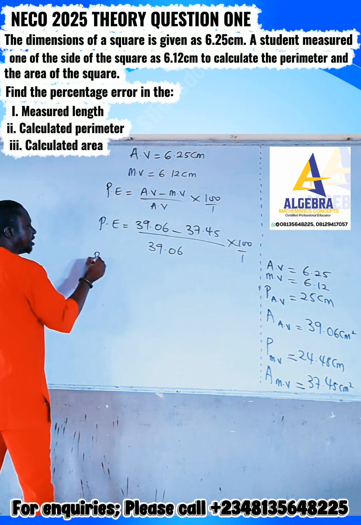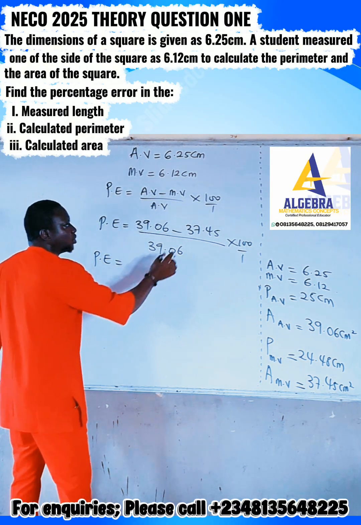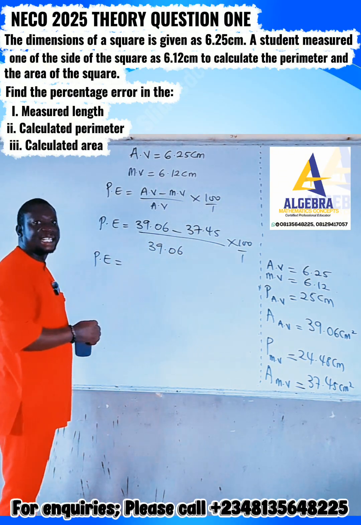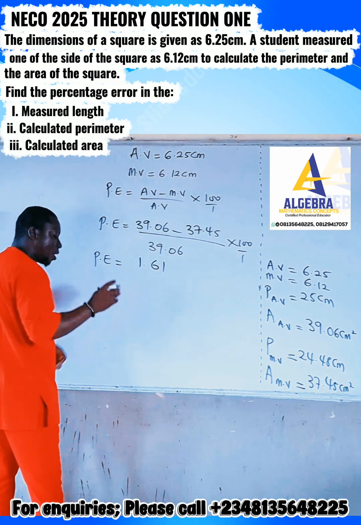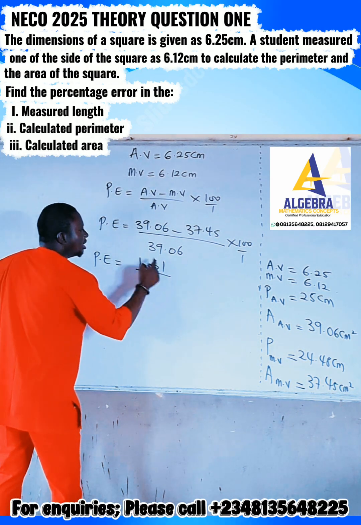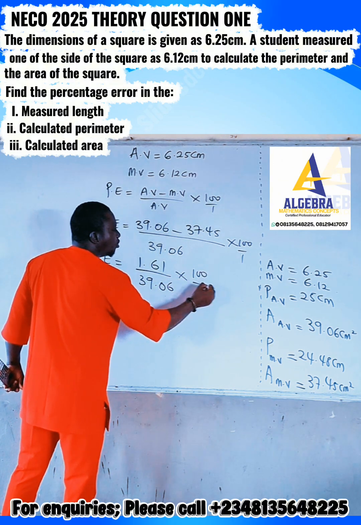So I have percentage error equals, subtracting these two, 39.06 minus 37.45 is 1.61, divided by 39.06 times 100 over 1.